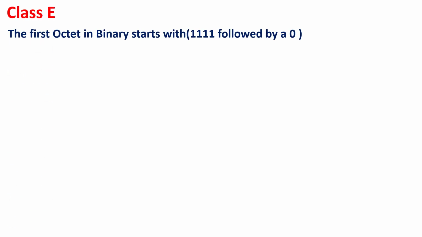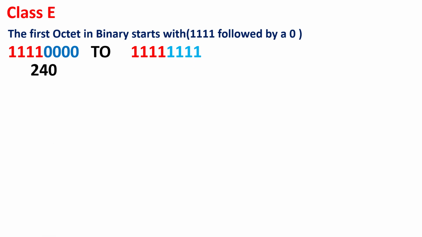Now, class E: the first octet in binary starts with 1111 followed by a 0, or the fifth bit on the first octet on the left is a 0. We write it like this, 1111 followed by the rest, and in decimal it's 240 to 255.